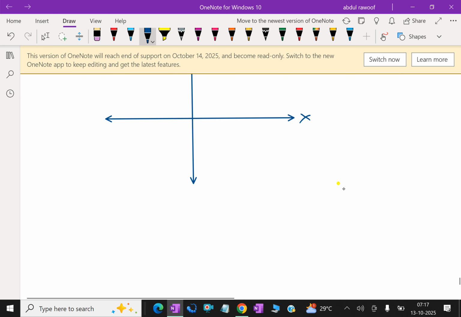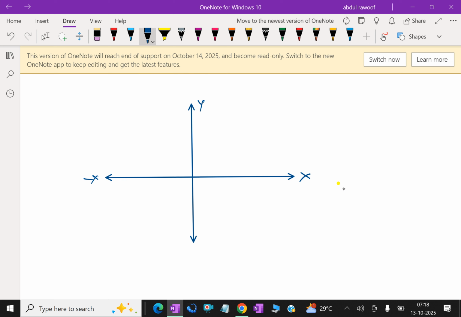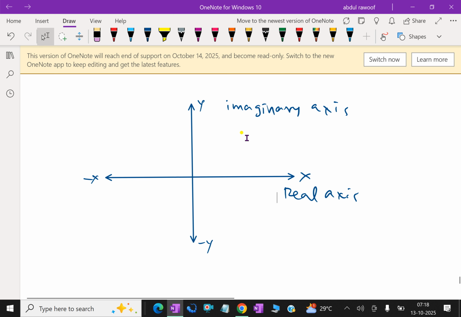This is positive x, negative x, positive y, negative y. This is the imaginary axis. This is the real axis. This area represents a complex plane.